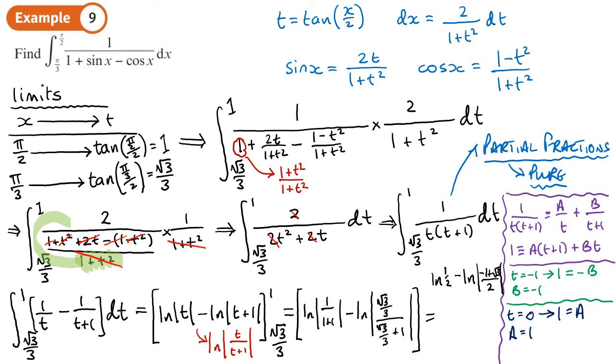Okay, now rules for log say that this is the same as log half divided by that. So that equals natural log of half divided by what we had up there, minus 1 plus root 3 over 3.